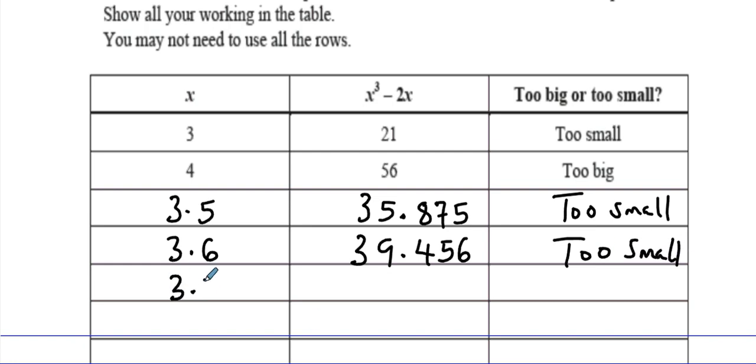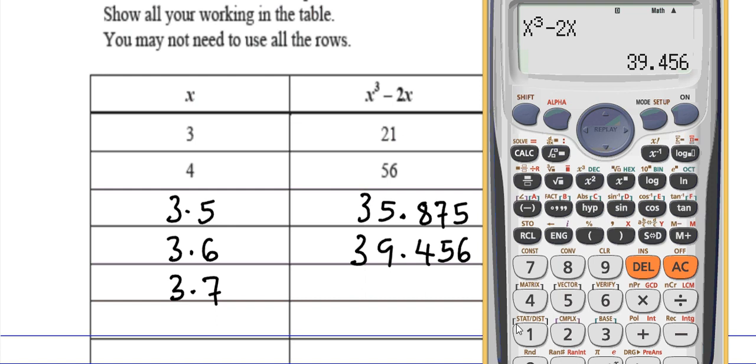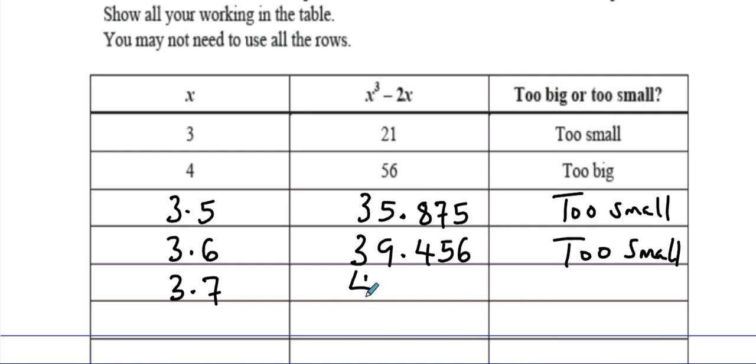And when you try 3.7, what do you get? Okay, try 3.7. We are getting the number higher. We are getting 43.253, which is too big. So you write here, this is too big.